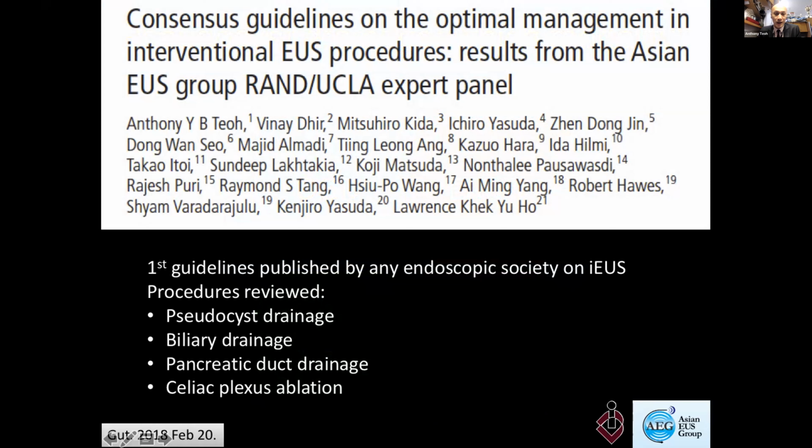So this is a guideline that we published a few years ago. It was the first guideline on interventional EUS procedures. And apart from pseudocysts, we also looked at biliary drainage, pancreatic duct drainage, as well as celiac plexus ablation.